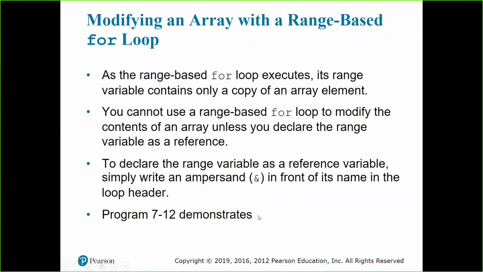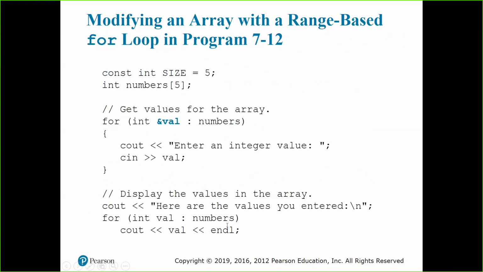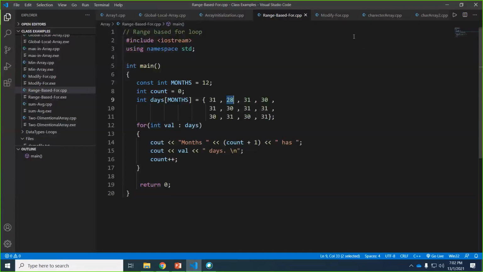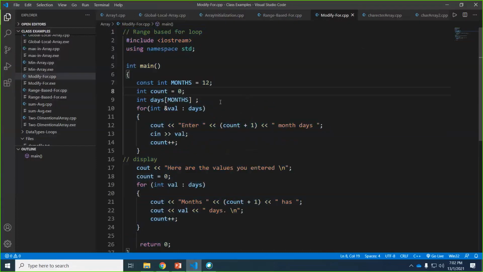For example, here I have already modified the for loop. I have a constant variable, and I am just using the count. So int days, the same month array, and this time I am using the ampersand. Why? Because I am using this value to be entered into this array.